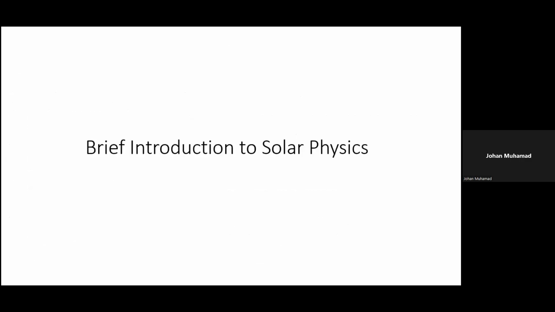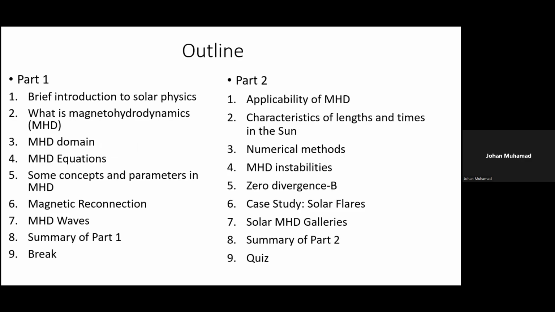So let me start first with the introduction about solar physics. Before I move to solar physics, this is actually quite a tough subject, because we have to understand solar physics, and then fluid dynamics, and then electromagnetism, and then simulation.